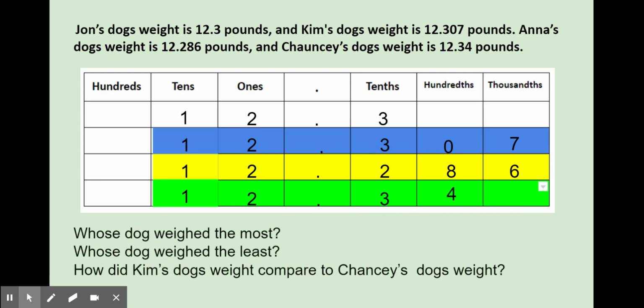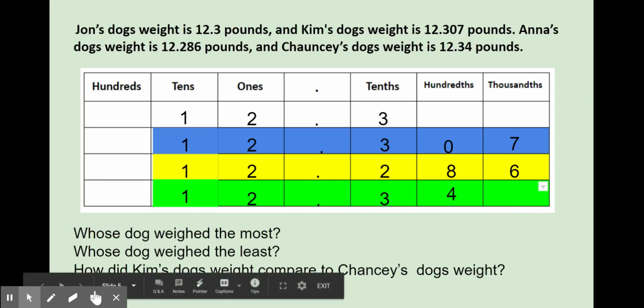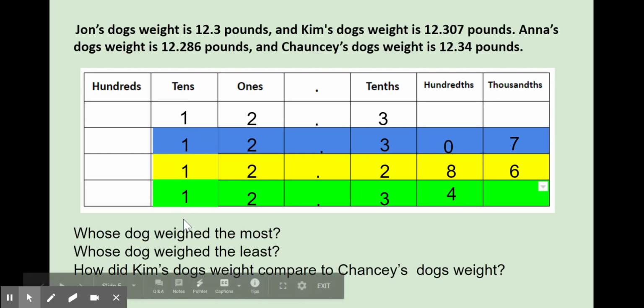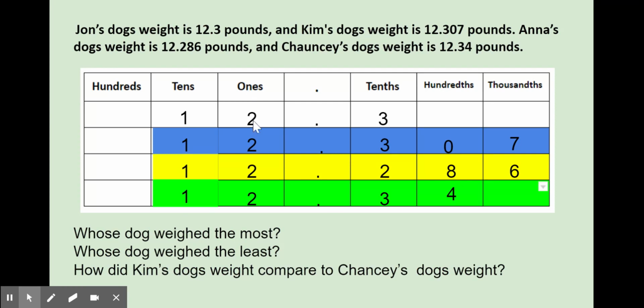Now, let's start with our whole numbers. So we start with comparing our whole numbers. And so we look at the tens place. All the numbers are ones. So if the numbers are the same, then you move to the next place value. So in the ones place, all the numbers are the same.